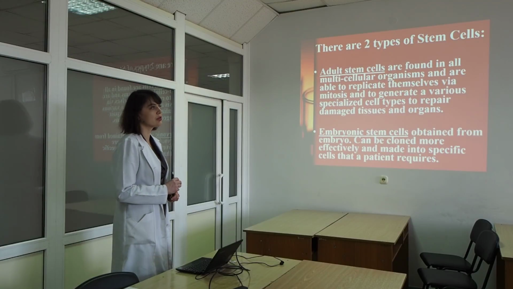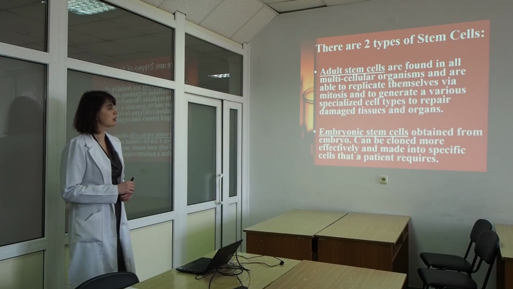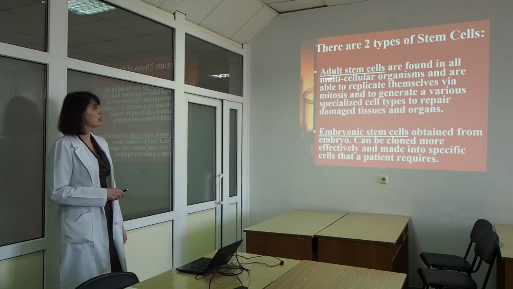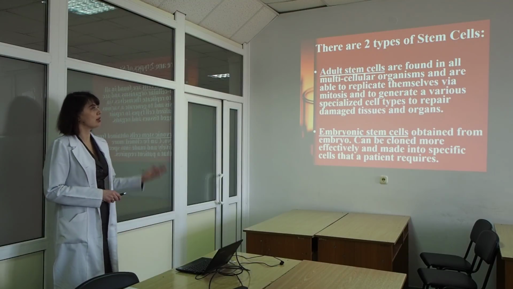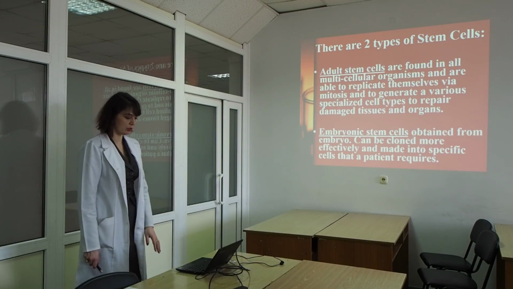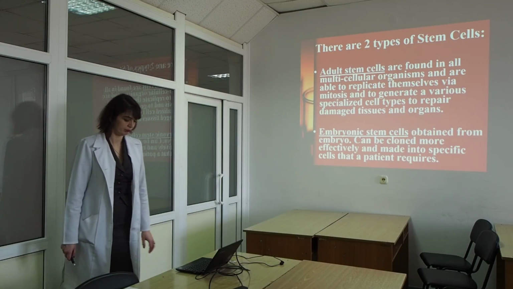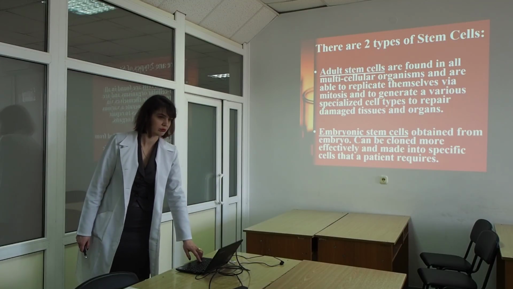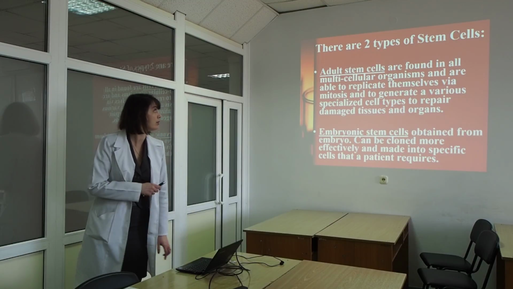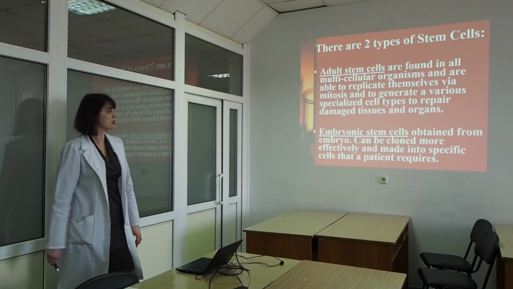Somatic cell nuclear transfer, for example. Exactly this one is used. Embryonic stem cells and adult stem cells. Adult in our body and embryonic created de novo, intentionally. You have to write just adult stem cells and embryonic stem cells.